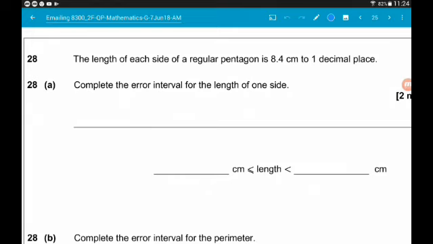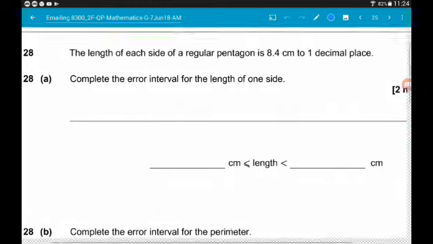So here, each side of a regular pentagon is 8.4 centimetres to 1 decimal place. We want to complete the error interval for the length of each side.